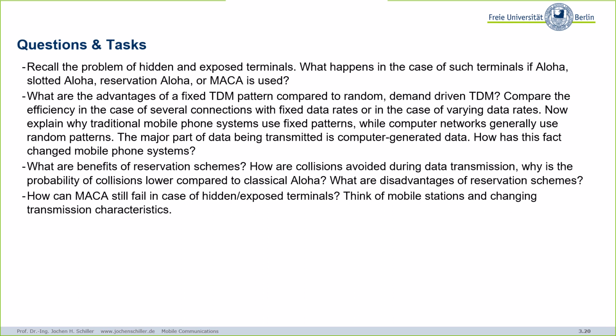What scheme is better? Fixed pattern can be very simple, right? Because you know every whatever 4.165 milliseconds you can send something. And for what type of traffic are fixed patterns quite good? Fixed traffic generated by classical telephone.